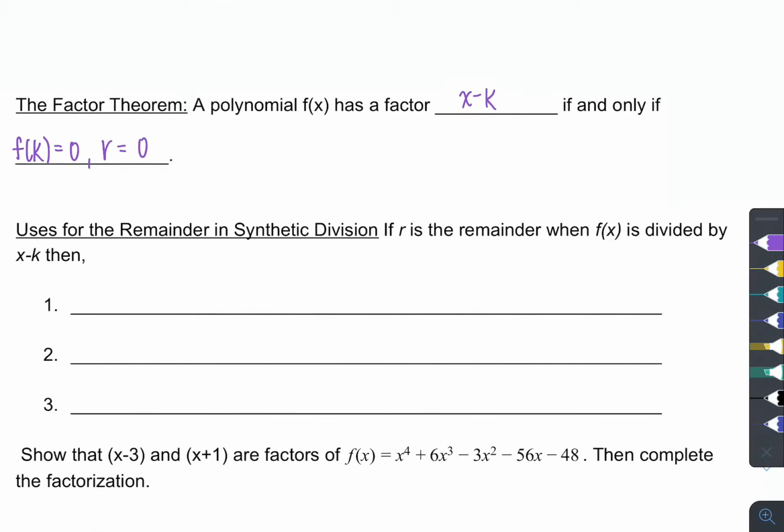If r is the remainder when f of x is divided by x minus k, then f of k is 0 and x minus k is a factor of f of x.